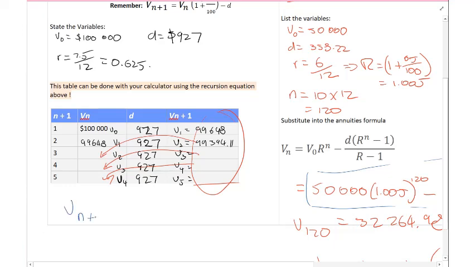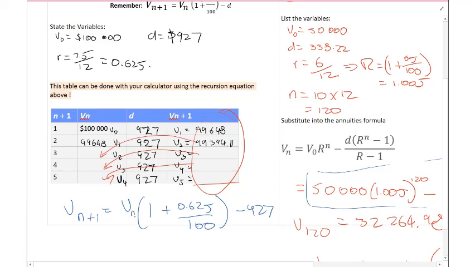Okay. And probably what I should have shown here, and I sort of skipped that, I'll just quickly show you. It'd be Vn plus 1 equals Vn times, in the brackets, 1 plus 0.625 over 100, minus 927. That's basically your formula.